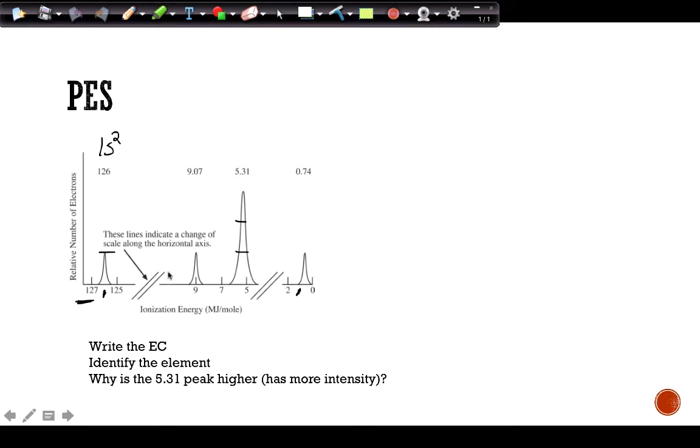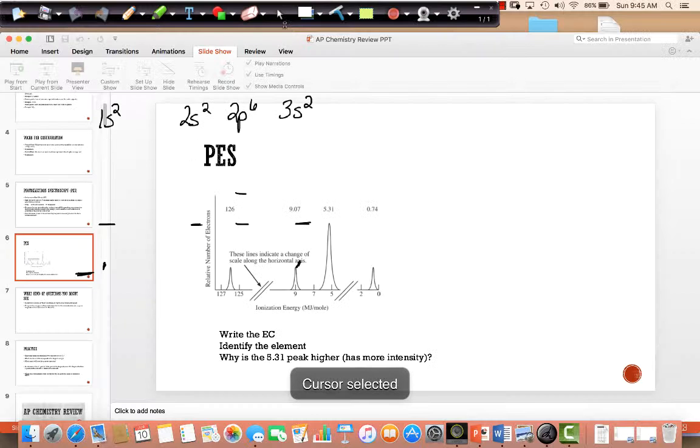This one should have 2. All right, so the next one would be 2s2. So if this was half the height, it would be 2s1. All right, so now we go to the next one. Well, it's 2p6. And then we go to the last peak right here. That should be 3s2, because it's the same height as this. Okay, so this is the electron configuration, so I can simply look up on the periodic table to see which element this is.